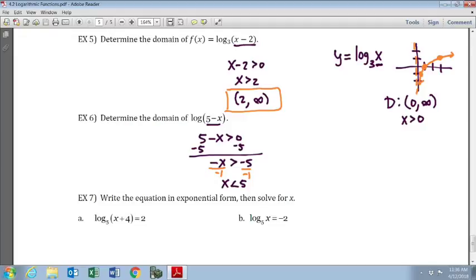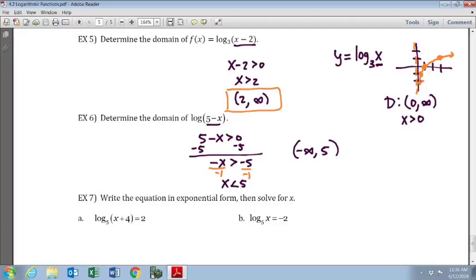And so if you write that in interval notation, it looks like this, -infinity to 5. And again, I just want to point out that as long as you choose a value from -infinity to 5, not including 5, you can take the log of those numbers. But if you plug in something that's not in that domain, then you'll get an error message. Again, that's because you can't take the log of 0 or a negative number.